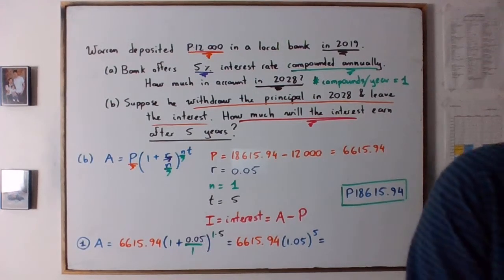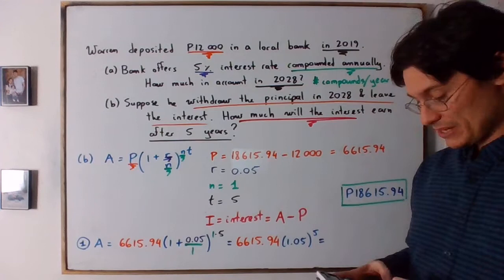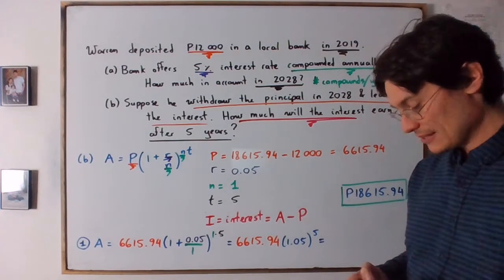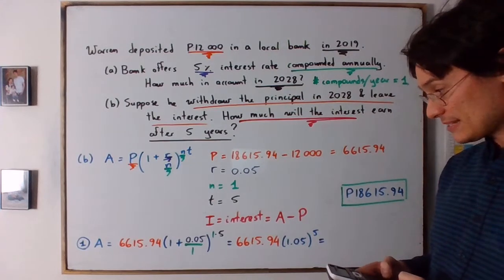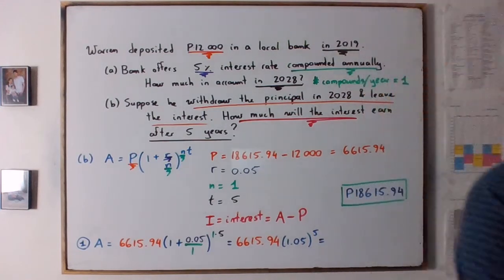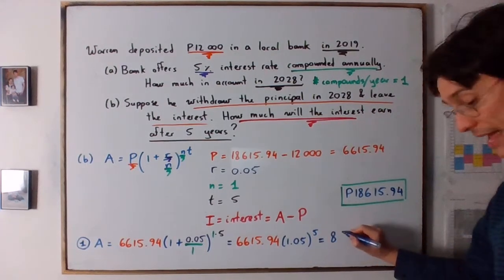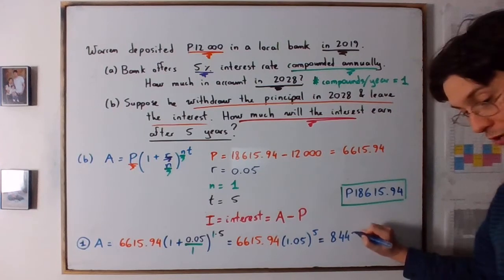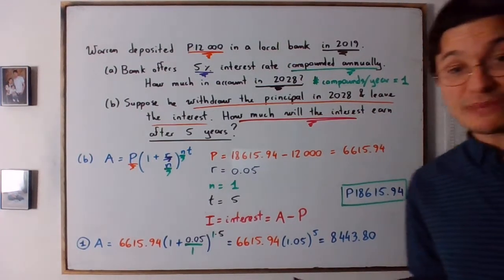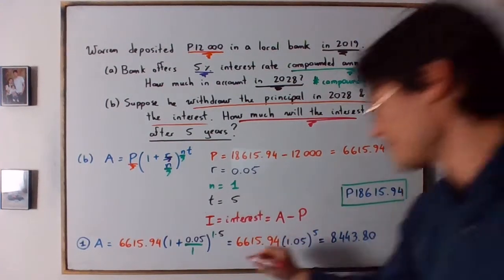I'll use my calculator, but you should really use yours. So 1.05 to the power of 5, you could start by that, and then multiply the result by 6615.94. Inside my calculator, I got 8443.80.